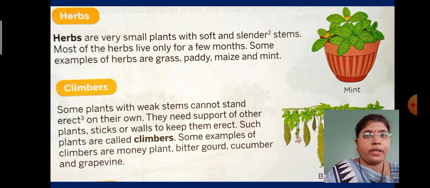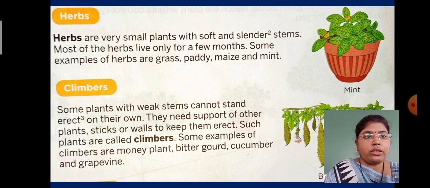Familiar examples of herbs are coriander, spinach, fenugreek. Check the leafy vegetables that your father or mother purchased on Sunday. Whatever green vegetables are there, generally the green leafy vegetables are examples of herbs.